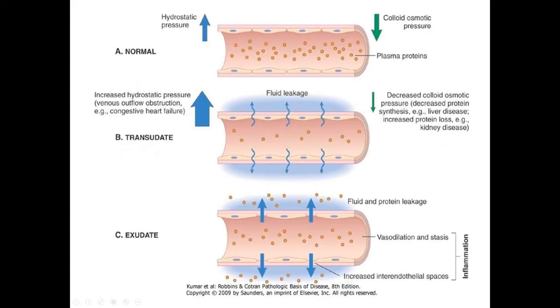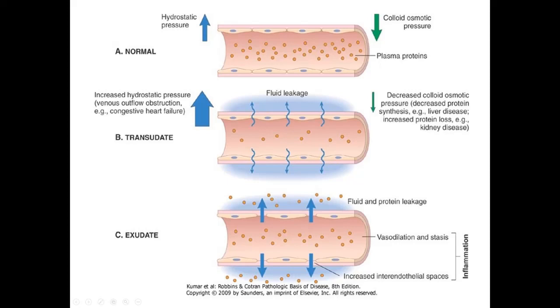Now, this is the photograph which is taken from Robbins, showing that at the arterial end, the fluid is going out, shown by the green arrow, whereas at the venous end, colloid osmotic pressure is responsible for reabsorption of that fluid.